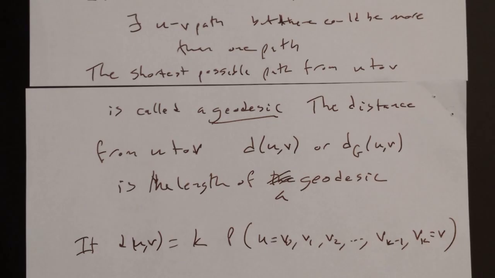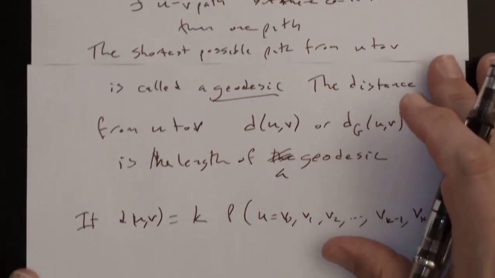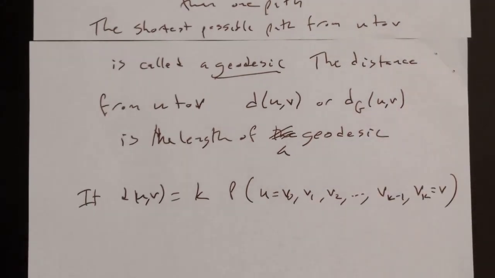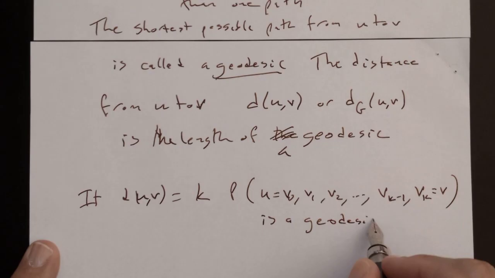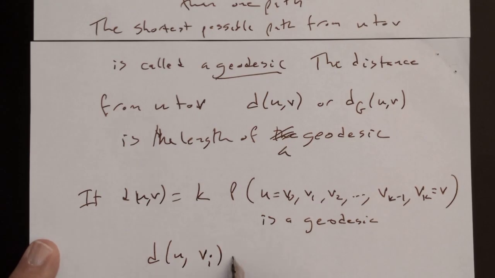It ends at V, which is vertex K. That means there are exactly K edges. Well, it turns out there's a really nice thing. If this is a geodesic, then the distance from U to V_i is exactly i.